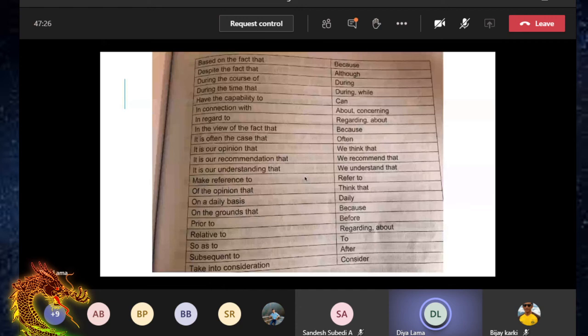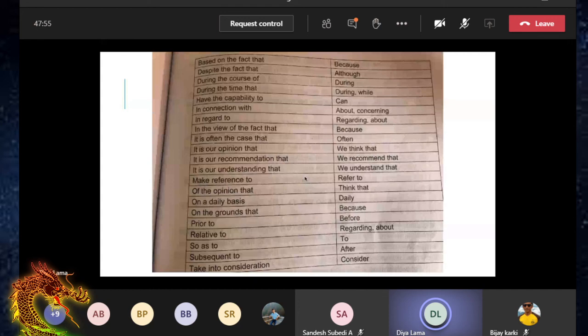It is our understanding that, instead we understand that. Make reference to, instead refer to. So I want to make a reference to this book, write instead: I want to refer to this book, right? So it's making the sentence shorter.